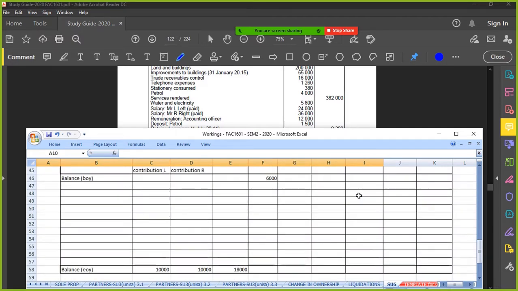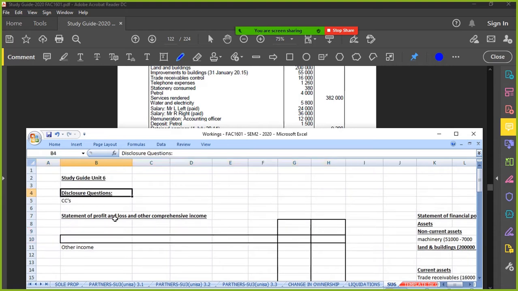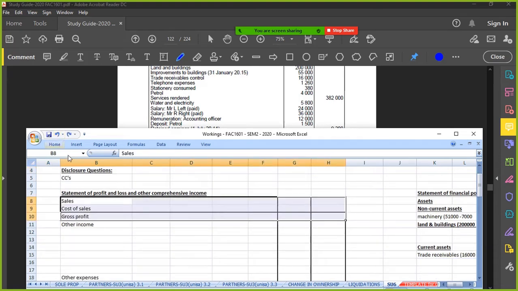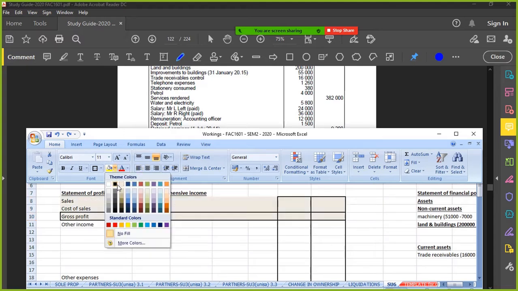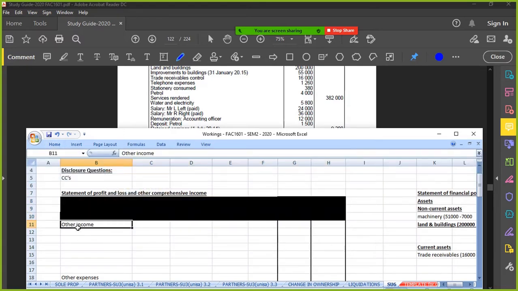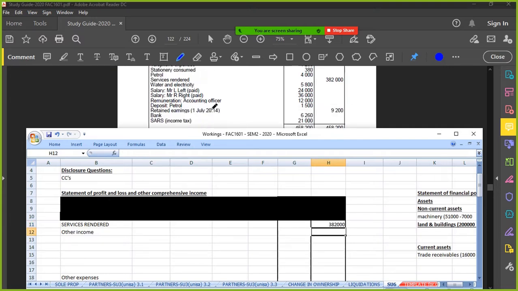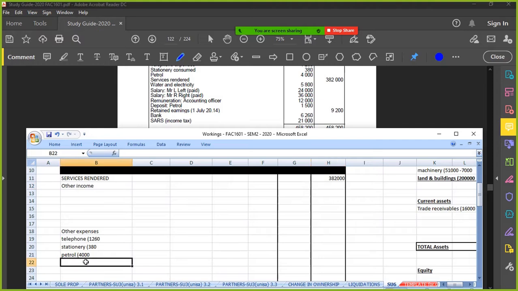If I delete it, it's going to shift all this stuff at the bottom, so I'm going to leave those lines there and just block it out. So services rendered is 380. Water and electricity expense 5,800.